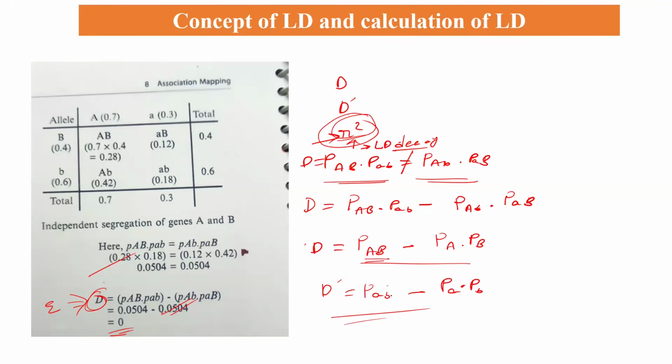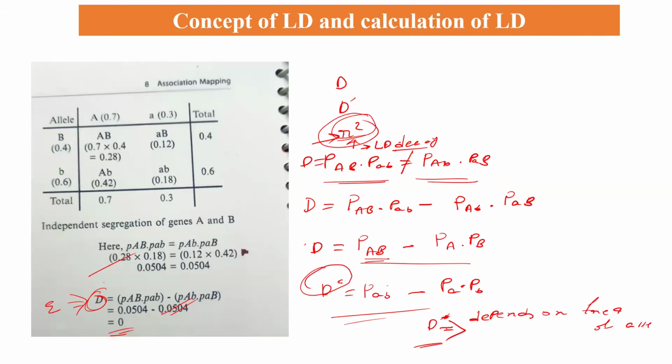Okay, and this is not suitable. First you should know why D square is not suitable, because you should remember D depends on the frequency of allele.